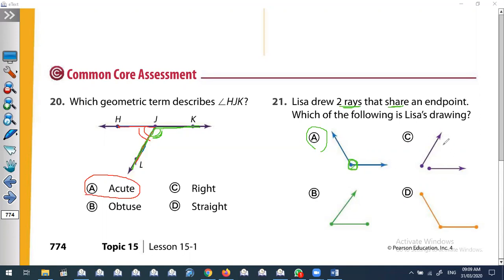These two rays do not share the same endpoint, so it is not an angle. This is a ray and this is a line segment. I can't make an angle with a ray and a line segment, because an angle contains two rays. So the answer is A.